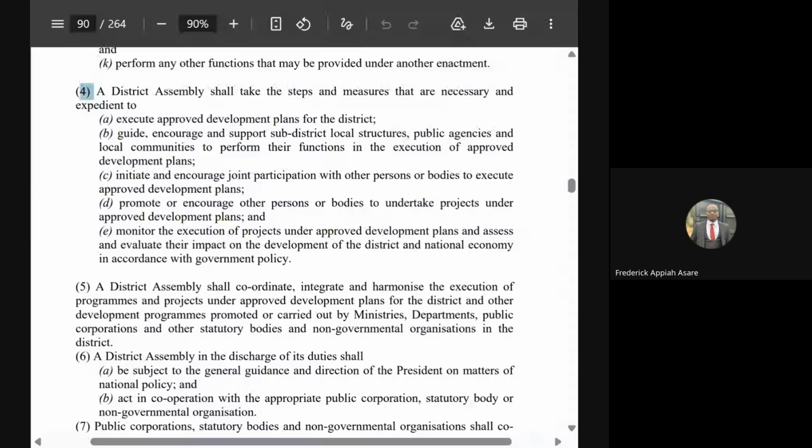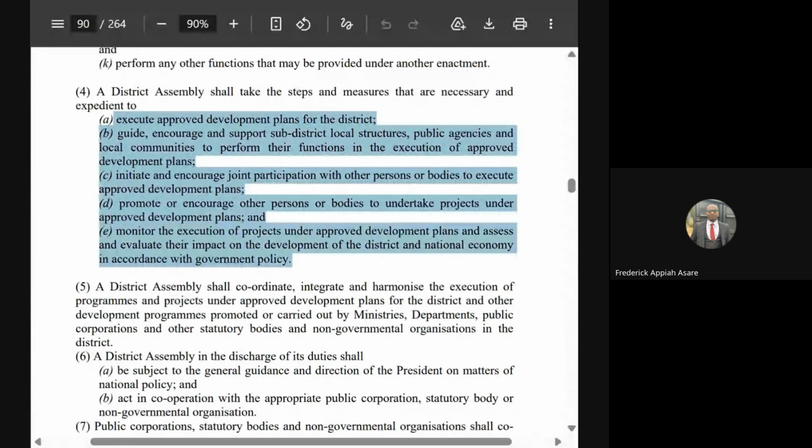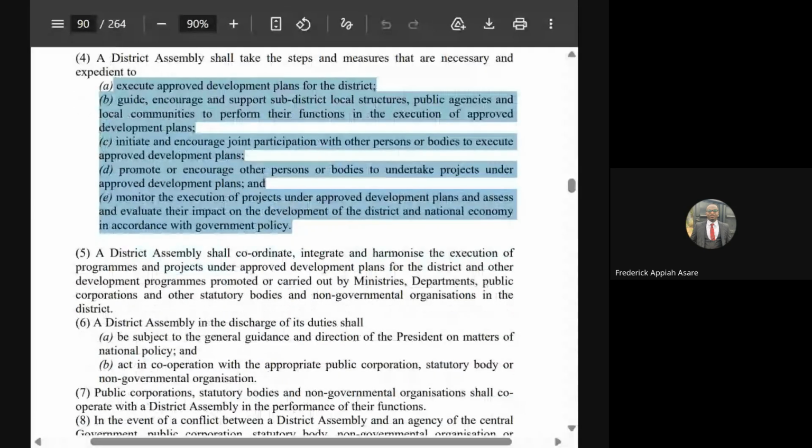According to subsection 4, the district assembly shall take steps and measures that are necessary and expedient to execute approved development plans for the district. They guide, encourage, and support sub-districts, local structures, public agencies, and local communities to perform their functions in execution of approved development plans. So all these are also part of the district assembly's role.